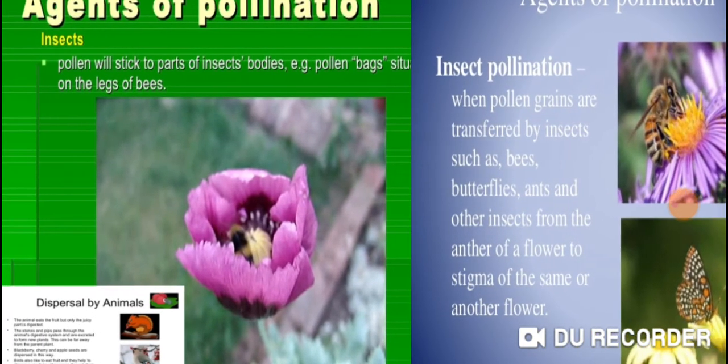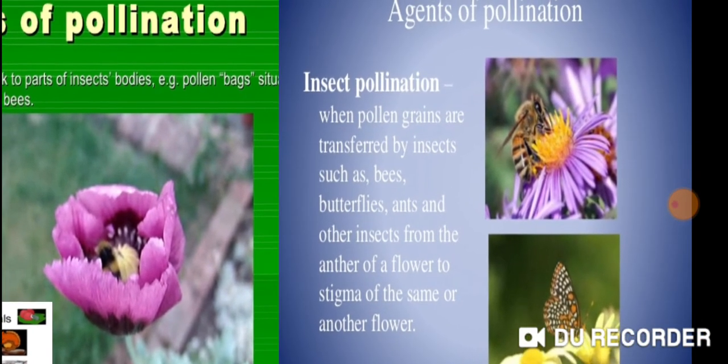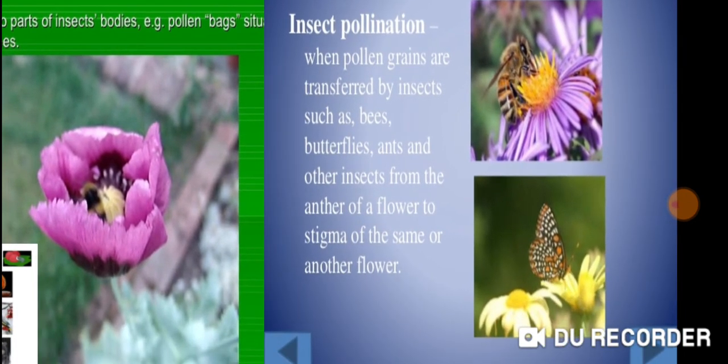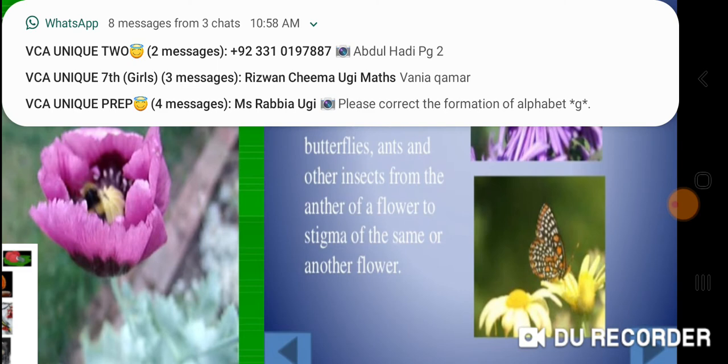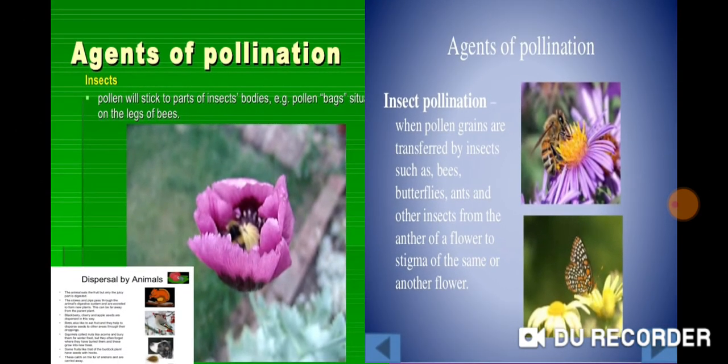First of all, insects. When an insect comes and sits on the bud of a plant, the pollen sticks to its legs, like those of bees, butterflies, etc. And when that bee or butterfly goes and sits on a flower of another plant, that is known as cross-pollination. This is one agent, through animals.